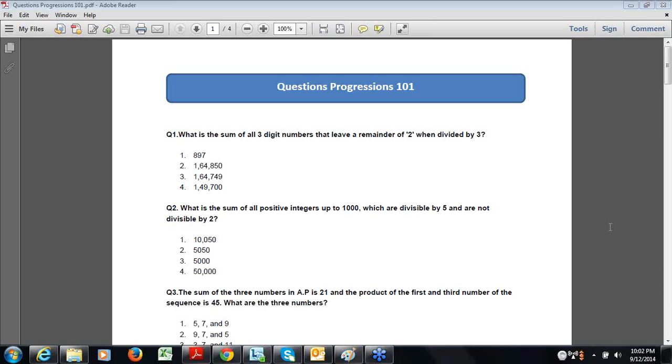Basically, arithmetic, geometric or harmonic progression questions are not a very favorite topic of CAT or, for that matter, any of the competitive examinations. These questions actually come combined with number system questions, as part of a larger question.